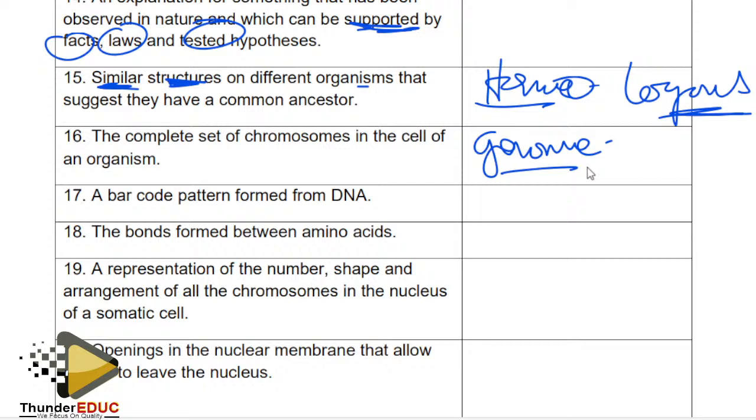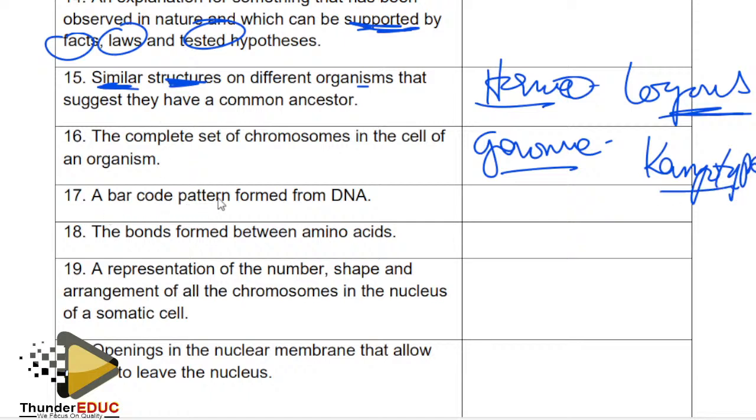Genotype is a description of an organism in terms of genetic composition, or in terms of genes. The complete set of the chromosomes in a cell is a genome. When you talk about the arrangement, it must have the word arrangement, the arrangement of chromosomes, we talk about size and structure, that's the karyotype. I think I'm clear there.